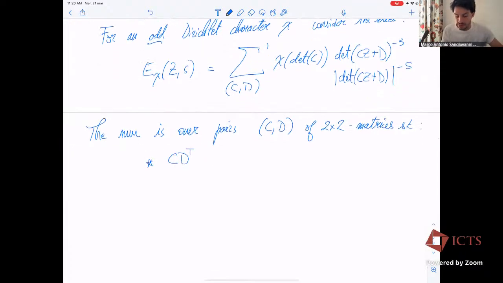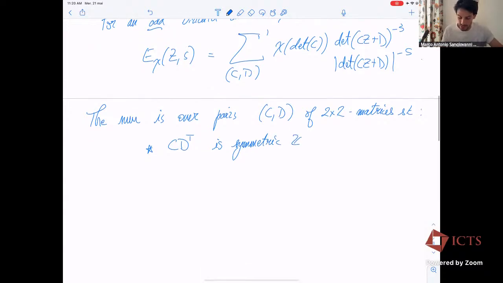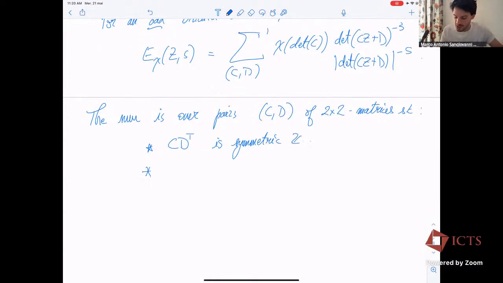C times D transpose is symmetric, with coefficients in Z. So both C and D are 2 by 2 matrices with coefficients in Z, and C times D transpose is symmetric, and N divides D, where N is the conductor of chi, and C is non-singular mod N.